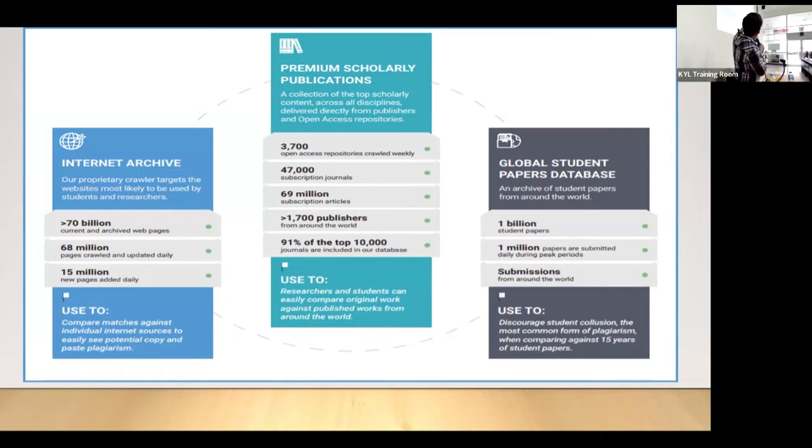And another one is the publications, the premium scholarly publications. You may be familiar with ScienceDirect, you may be familiar with Springer. These are major publishers you can check against with iThenticate.